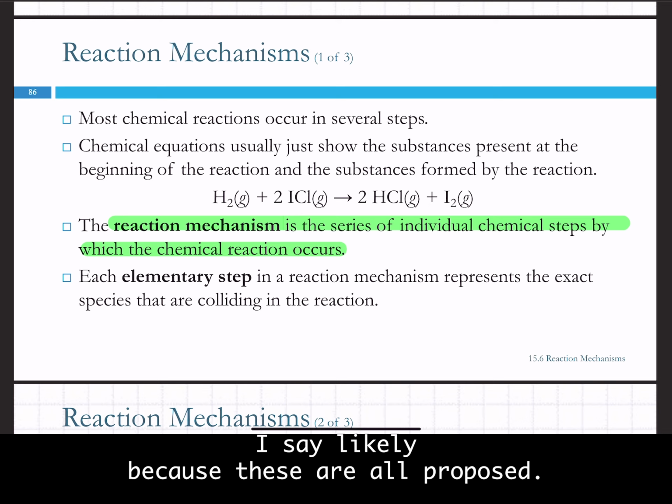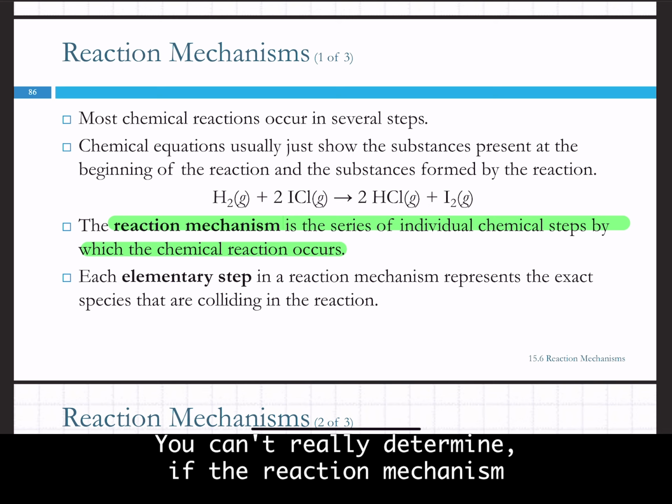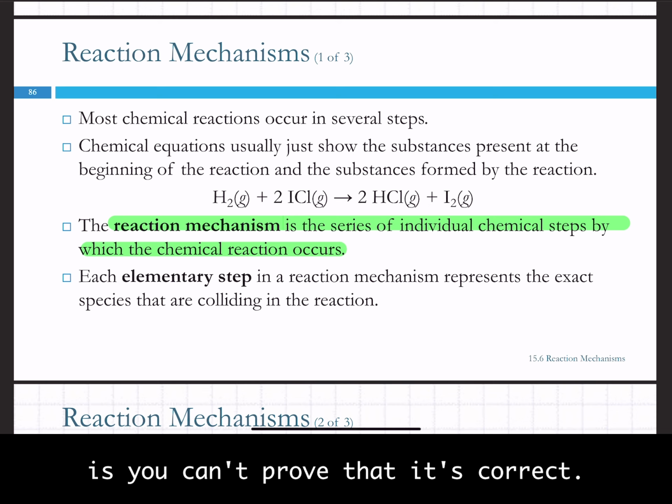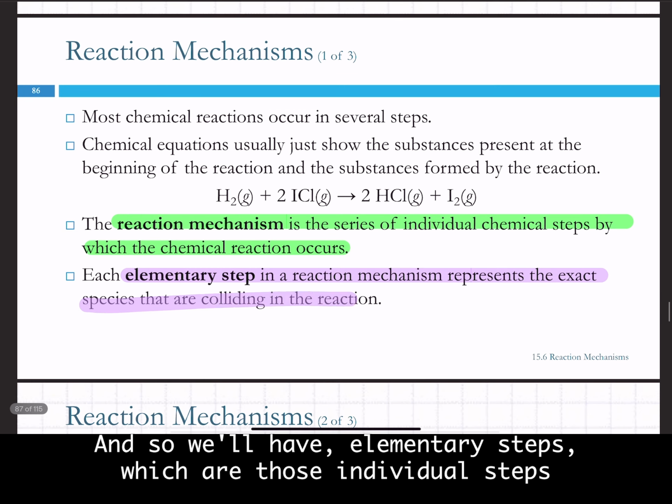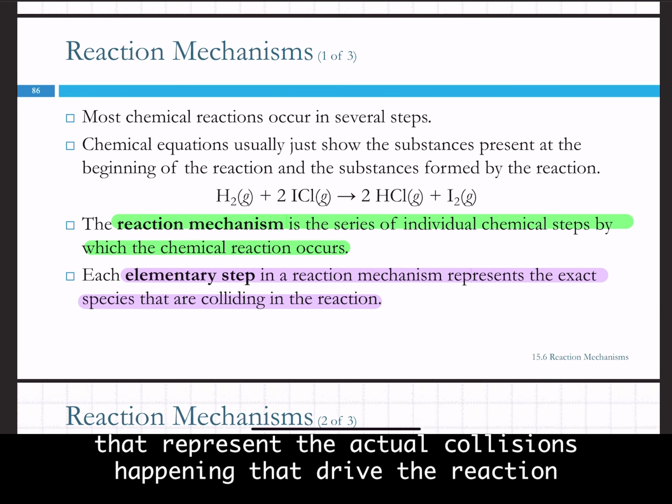I say likely because these are all proposed. You can't prove that the reaction mechanism is correct. And so we'll have elementary steps, which are those individual steps that represent the actual collisions happening that drive the reaction forward.